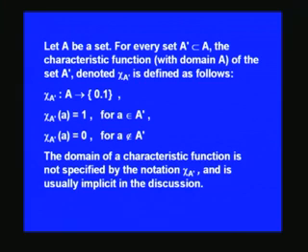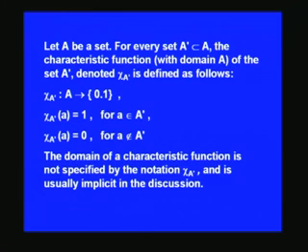If a belongs to A dash, it is mapped onto 1, and if a does not belong to A dash, it is mapped onto 0. So chi A dash of a is equal to 1 for a belonging to A dash, and chi A dash of a is equal to 0 for a not belonging to A dash. This is how you define it.